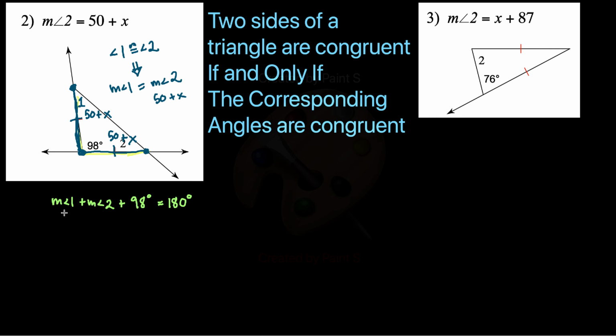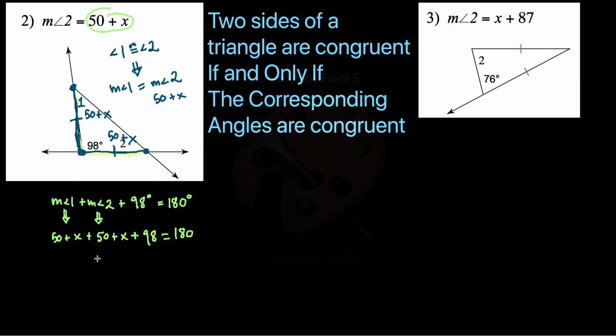Now I know that 1 and 2 are the same. They both equal 50 plus x. So instead of writing 1, I'm going to write 50 plus x, and instead of writing 2, I'm going to write 50 plus x, and then plus 98 degrees has got to give me 180.